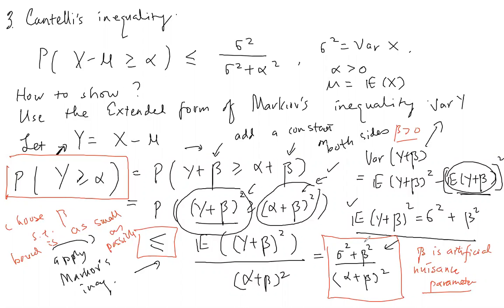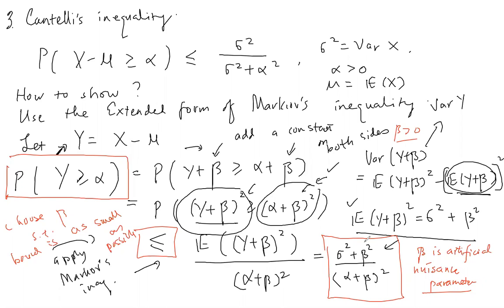So a large bound is not desirable. That means you have to find some combination of beta such that this bound is as small as possible. Okay, so this is the idea.